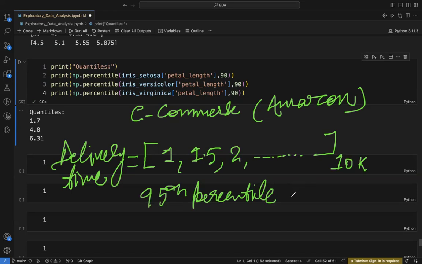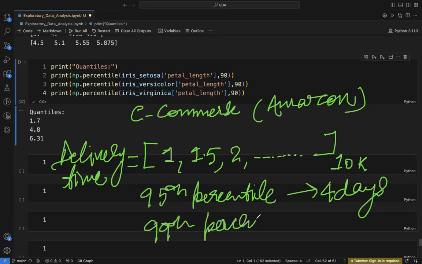is, let's suppose, 4 days. And my 99th percentile is, let's suppose, 5.6 days. So these two numbers will tell me a lot about customer satisfaction.